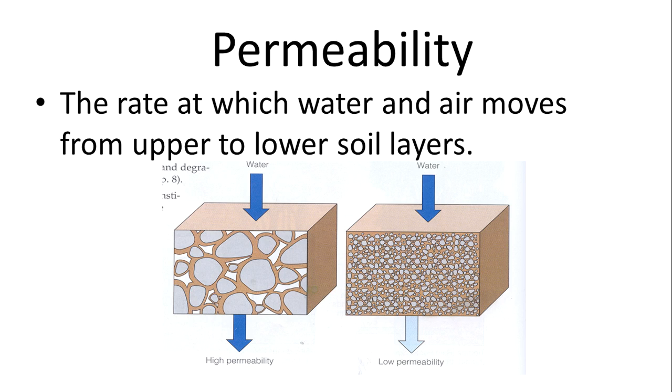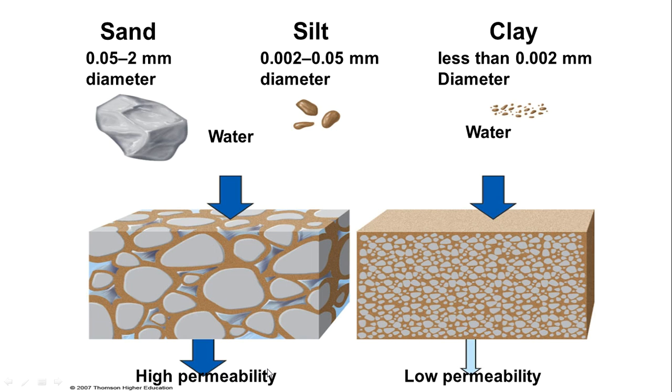The reason is that these spaces are very large, so the water can easily pass through, whereas when your soil particles are small, the water has a harder time getting through, so it'll hold on to the water. This is a high water holding capacity, and this would have a low water holding capacity with a high permeability or high infiltration rate.